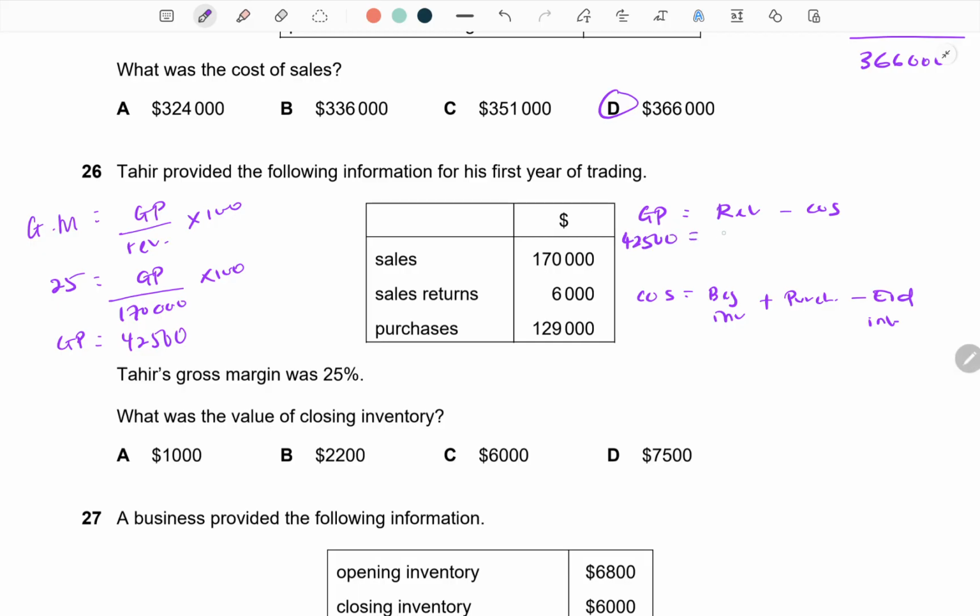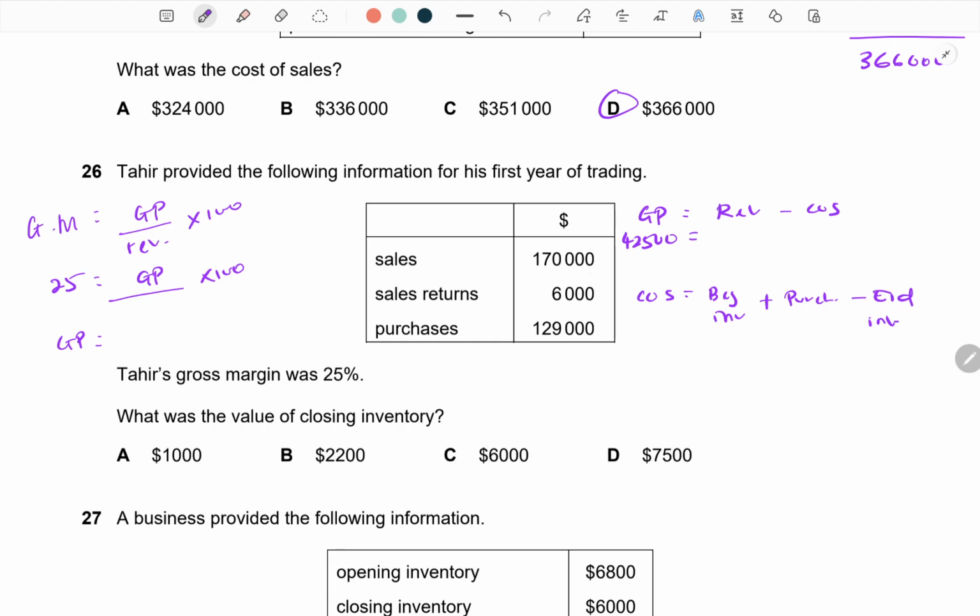Revenue or the sales, oh sorry, because I forgot to minus with the sales return just now. I just noticed got sales return. So basically you need to find the net revenue, net revenue after minus sales return. So this one need to do some correction a bit. Sorry. So 170 minus 6 first.